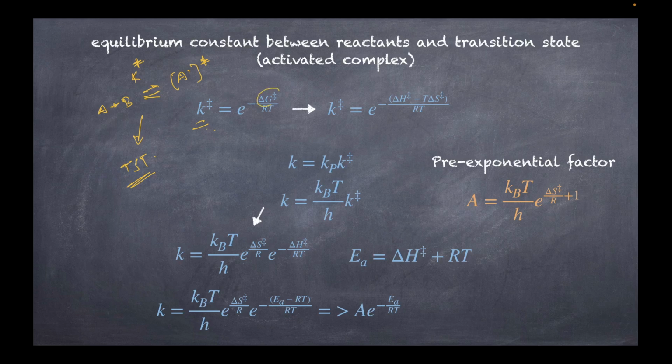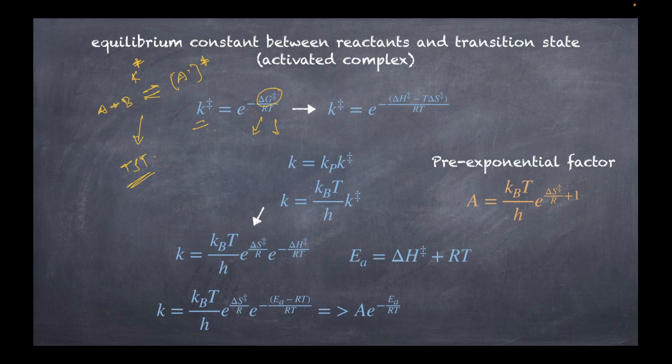Delta G double dagger here is the free energy of activation, that means the difference of free energy of the activated complex, AB double dagger, minus the reactant molecules. R is the universal gas constant, and T is the absolute temperature at which the reaction is happening.